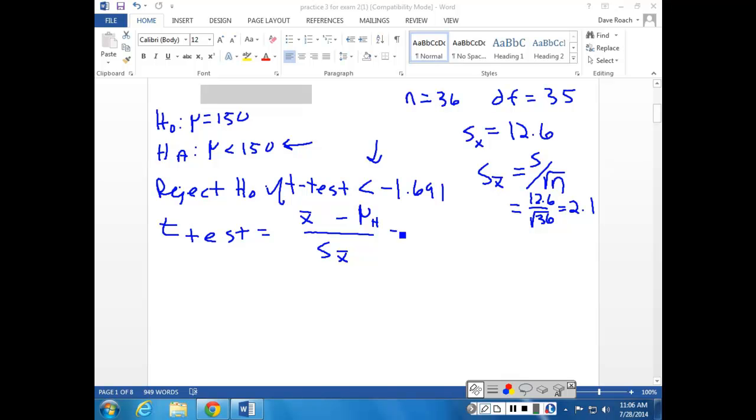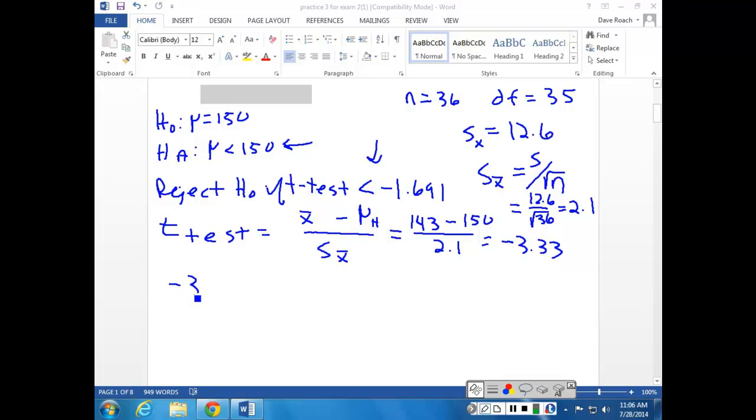So we have 143, that was the sample mean, minus the hypothesized mean divided by the standard error. Get that to be minus 3.33.